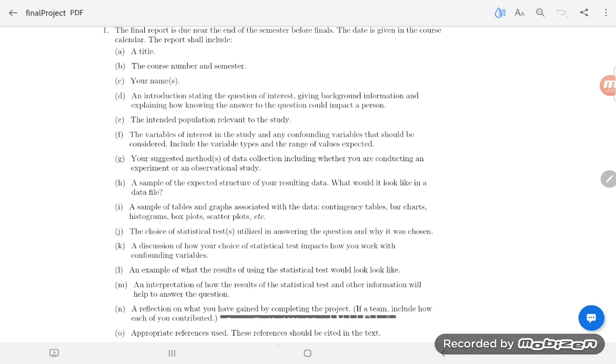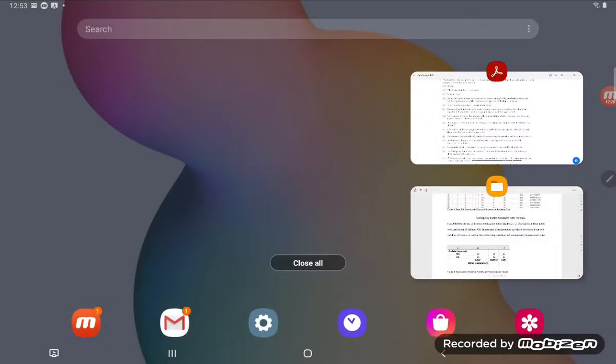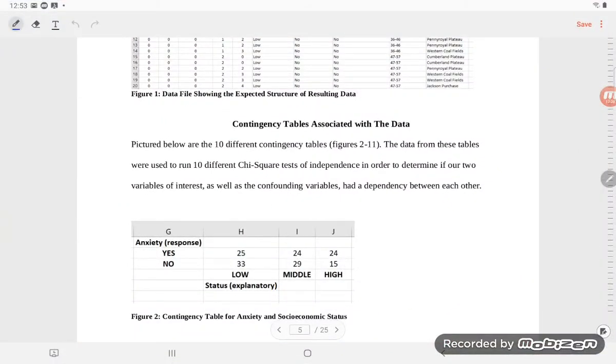Okay, so they're looking at this sample of tables. Now, 10 different contingency tables. Now let's look to see, do they tell us why? The data from these tables were used to run 10 different chi-square tests to determine if our two variables of interest as well as confounding variables had dependency between each other.